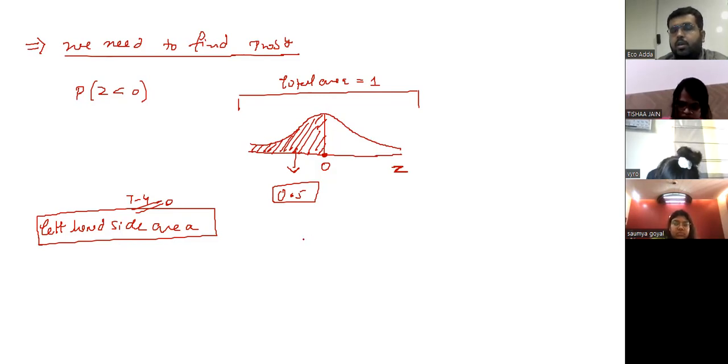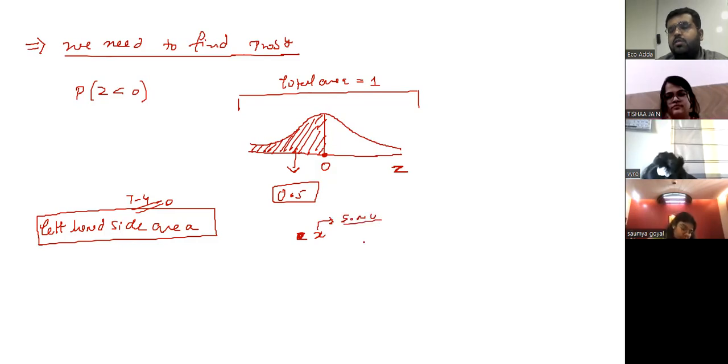So in the table, what you need to find? Here they have used x as their standard normal variate, right? We have used z. So it's one and the same thing, because in their case, x follows normal distribution 0, 1. In our case, z follows normal distribution 0, 1. So here below this, if you see 0, and this is phi x.